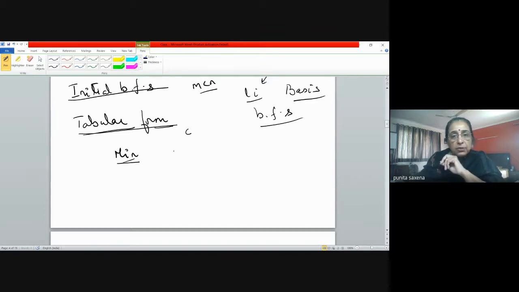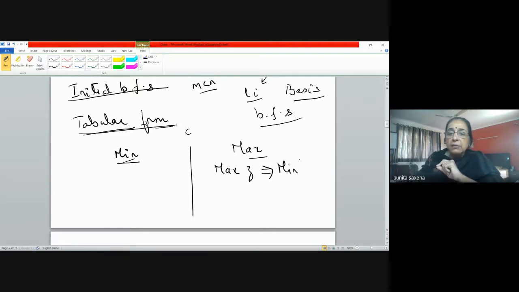We can come across maximization problems as well. One thing we understood was that if I have to maximize any z, then it is the same as minimizing minus z. We have discussed this already.